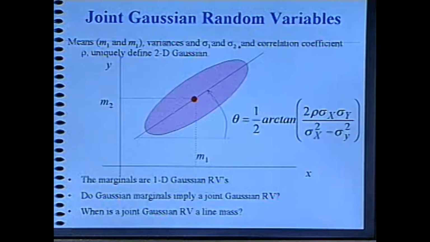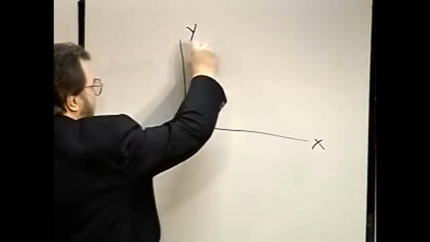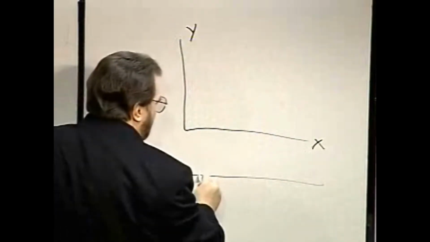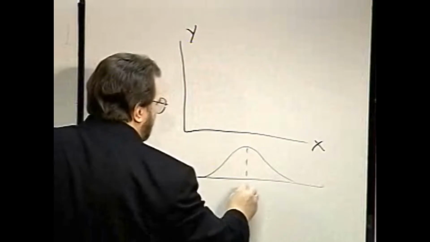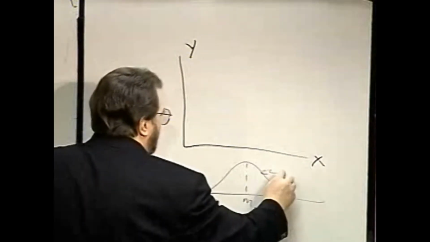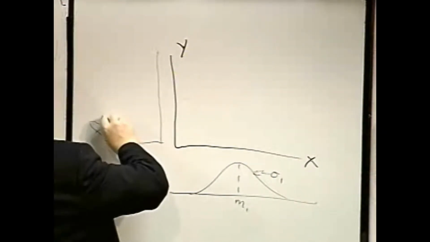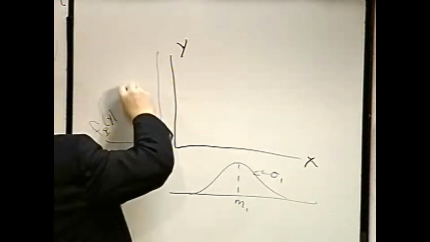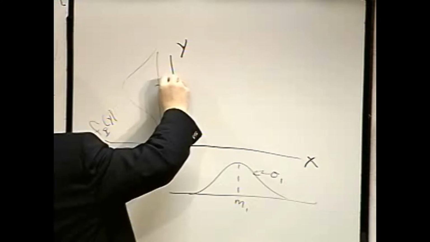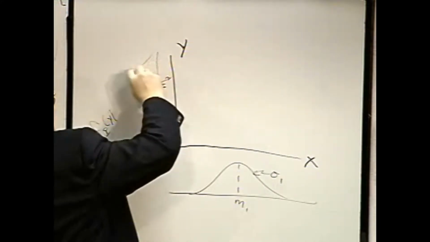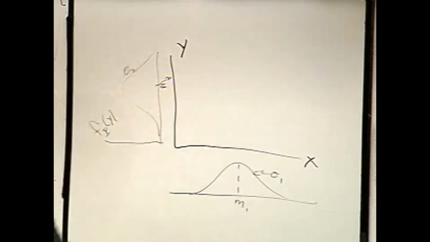And I'll ask you this question. Suppose we have a joint random variable. Okay, we don't know what it is, but we do know its marginal is a Gaussian here with a mean of m1 and a value of sigma 1. And we know also that its marginal with respect to y is a random variable, m2 and sigma 2 corresponding to its dispersion.